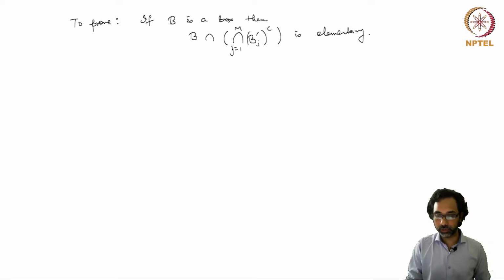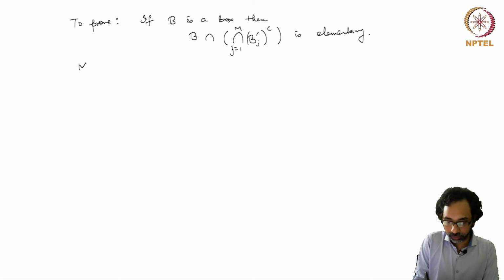So this is what we have to show for any box B. So first take m equal to 1. So this will be our base case for the induction.